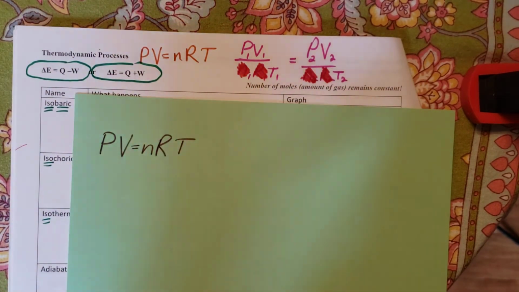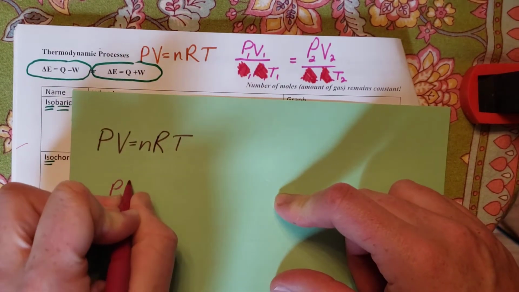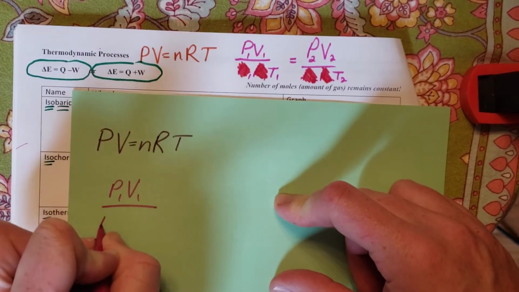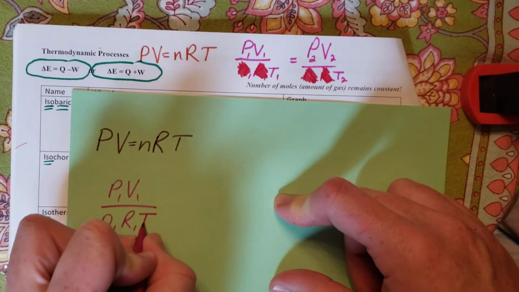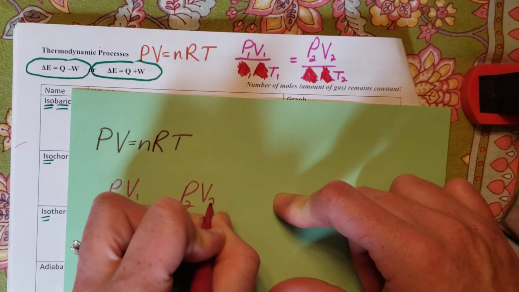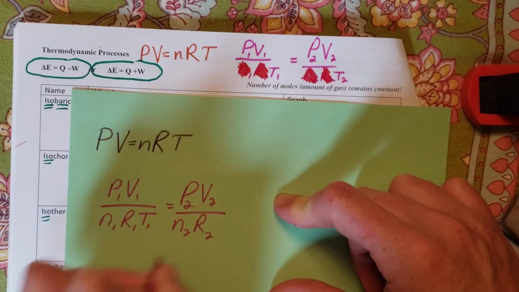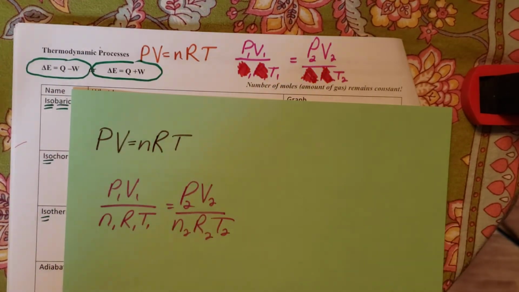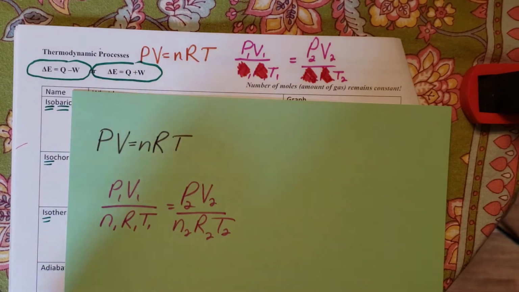First, we're going to set the equation equal to each other for an initial versus final scenario. So P1 V1 over N1 R1 T1 is equal to P2 V2 over N2 R2 T2. Now, if you're really savvy, you might have already said, wait, why are you putting 1s and 2s next to the N's and the R's? Well, it's just because I started writing so quickly.